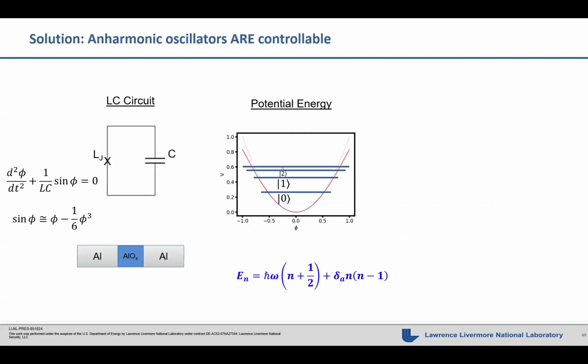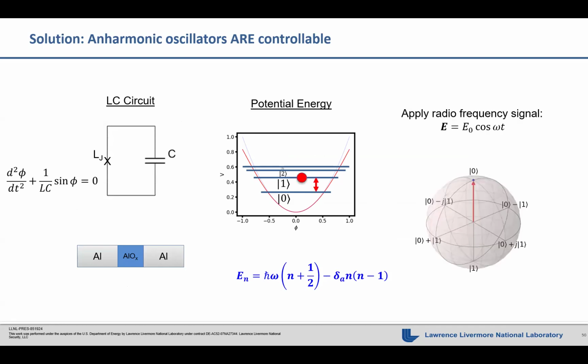If you have few photons in the system, you have a fairly large frequency. But if you have many photons in the system, your frequency gets smaller and smaller. And so we add this component to the Hamiltonian that's dependent on the number of photons. Now, if I apply my electric field, cosine omega t, omega, the frequency in the Hamiltonian, is only omega when n is 0.